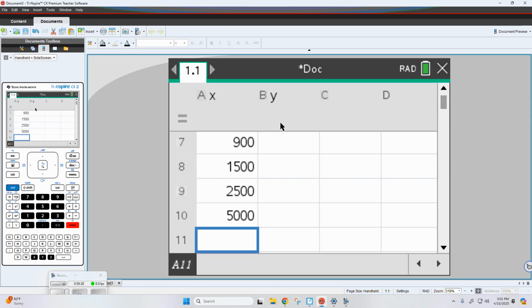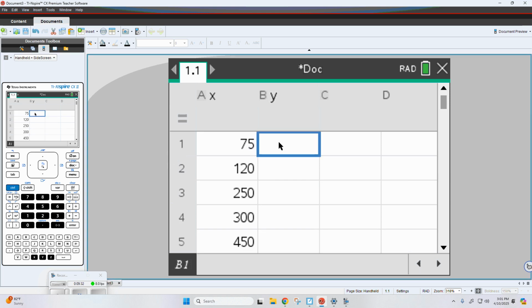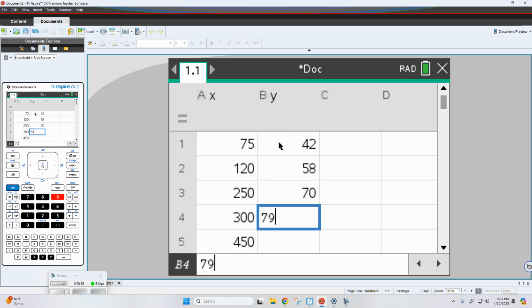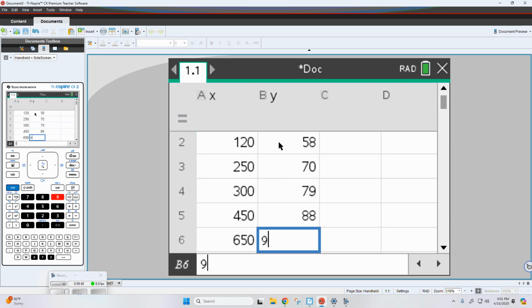Okay, so I got my data in for the first set. Control 7. Now the average salary in thousands: 42, 58, 70, 79, 88, 95, 110, 125, 138, and 175. Okay, so I got my data in.